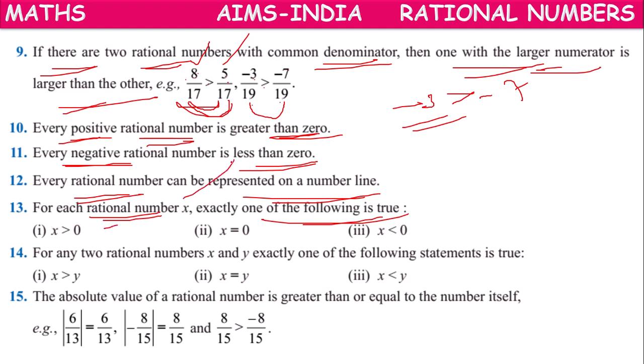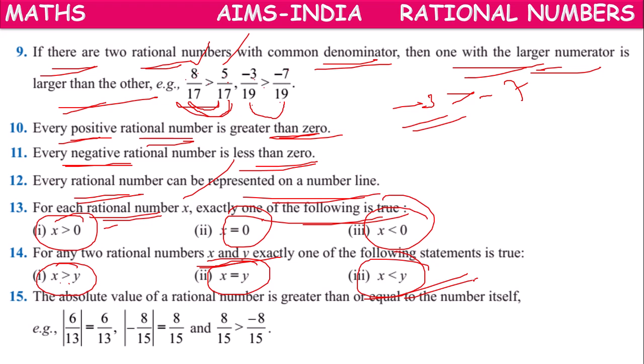If there is a rational number x, it can be greater than 0, it can be equal to 0, it can be less than 0. If there are two rational numbers, the first one may be greater than the second number, the first one may be equal to the second one, the first one may be less than the second one.